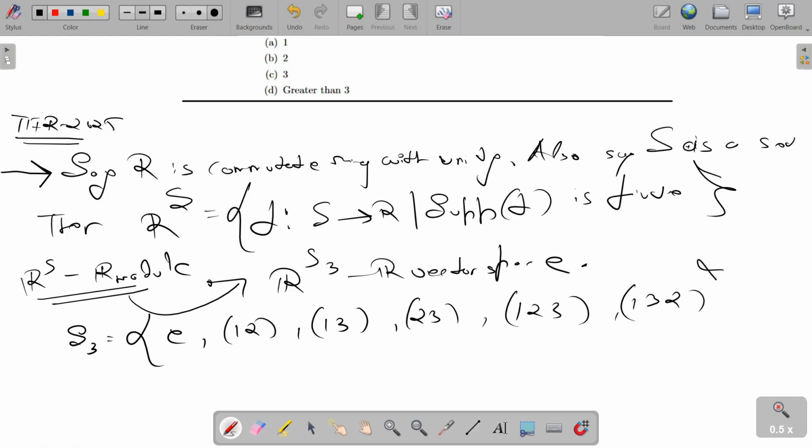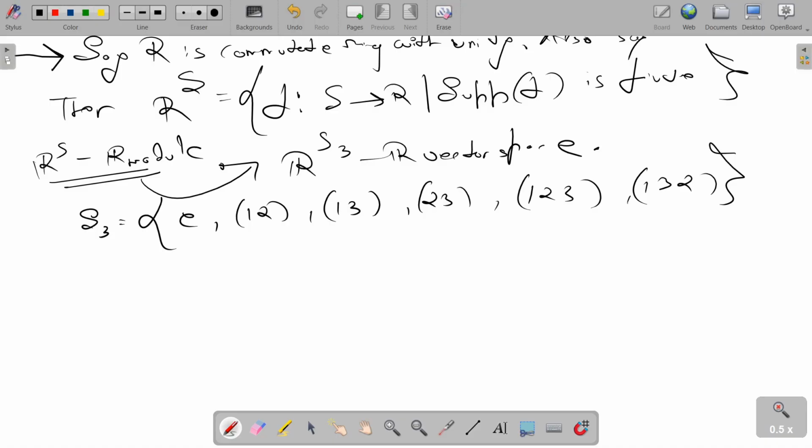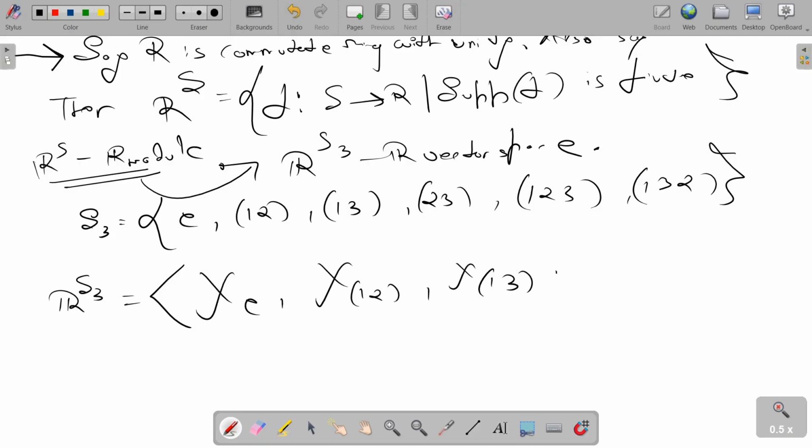So R power S3 will be spanned by chi of e, chi of (1 2), chi of (1 3), chi of (2 3), chi of (1 2 3), and chi of (1 3 2).